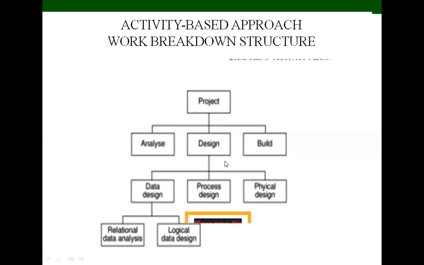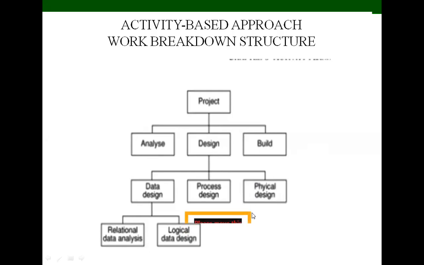Activities are added to a branch if they occur immediately after the task. If they do not come immediately, they should not be added to the branch. While preparing a WBS, too much depth will result in a large number of small tasks and will be difficult to manage.